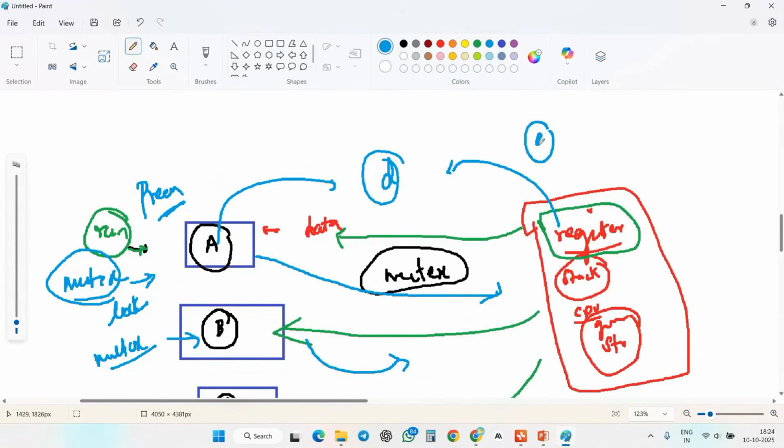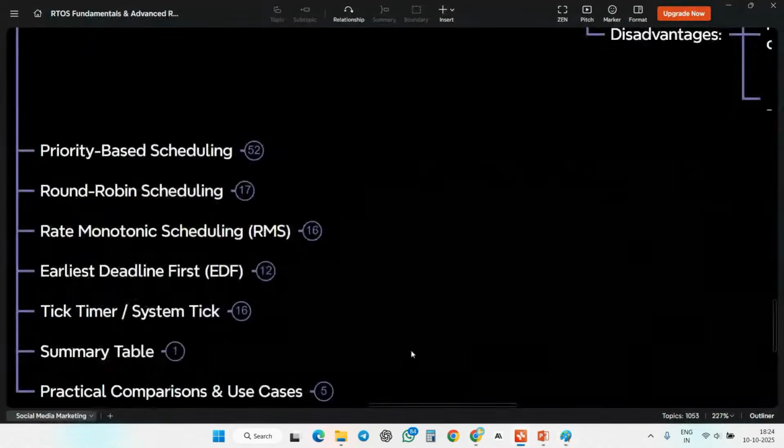This preemption happens very intensively and with great complexity. That means all the tasks are trying to get the resources from the registers. This is called a race condition, which is what happens without a mutex.